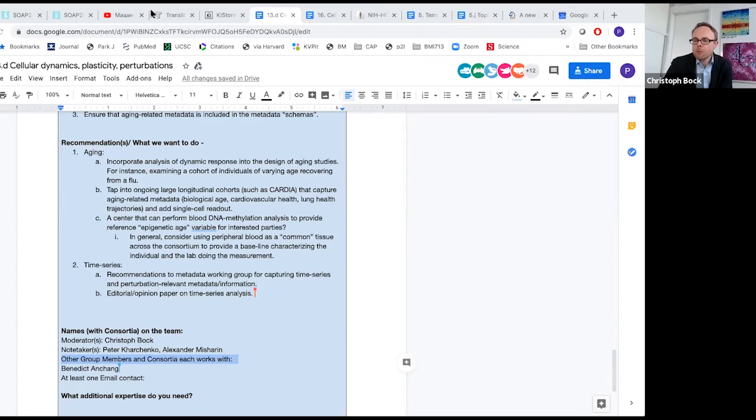Okay, great. So you would bring in the points that we've written down here, including annotation of any aging-related information, the possibility of adding epigenetic clock information on peripheral blood, and also denoting studies as time series and or perturbation as much as possible into the meta standards.